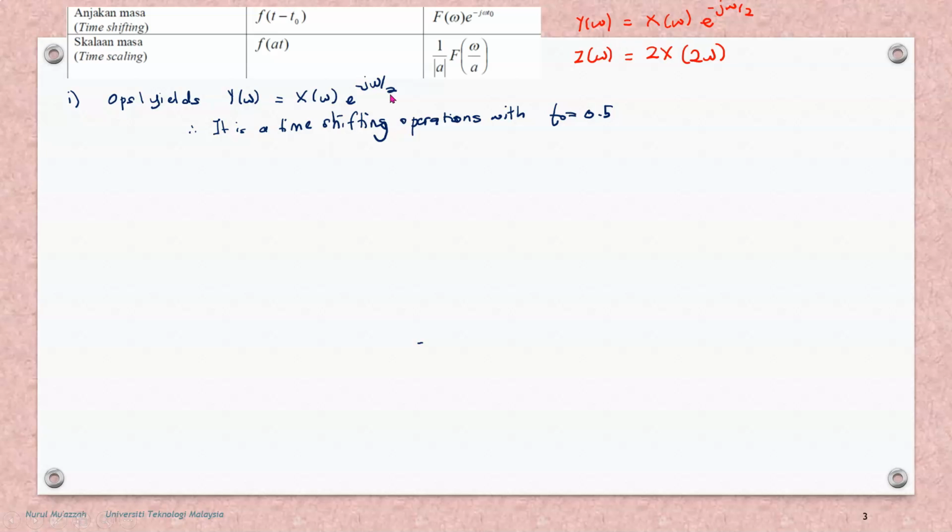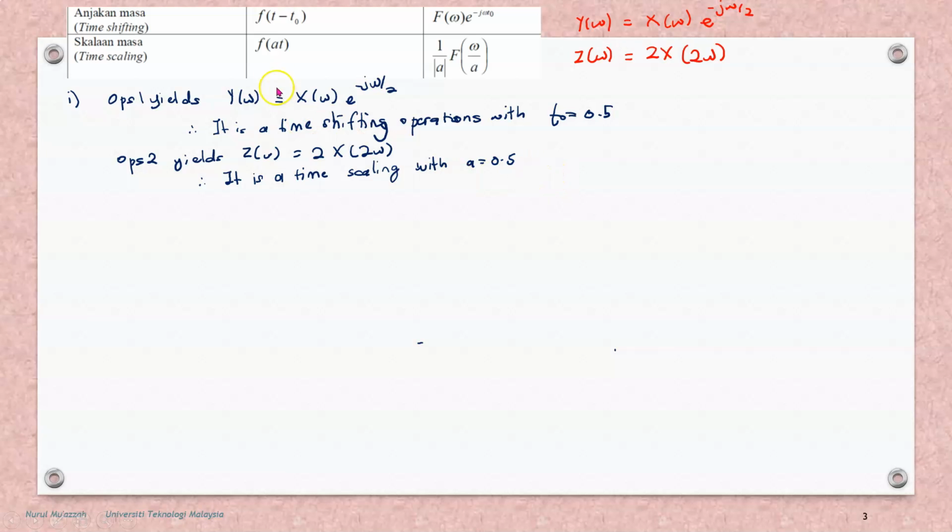For operation 2, ops2 yields 2X(2ω). So basically this is a time scaling with a equal to 0.5. Why is a 0.5?